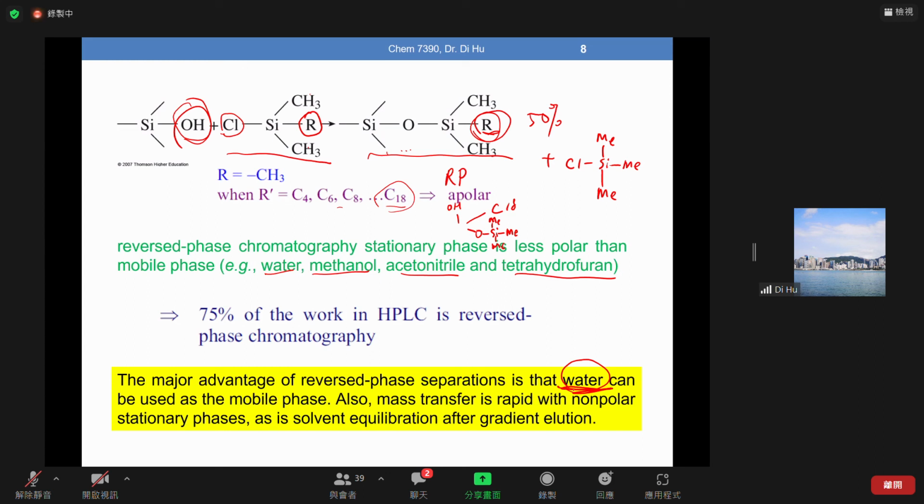It's quite easy to use. Also, the mass transfer is quite rapid with this non-polar stationary phase, as is solvent equilibration after gradient elution. So that's why reverse phase chromatography is the most popular.